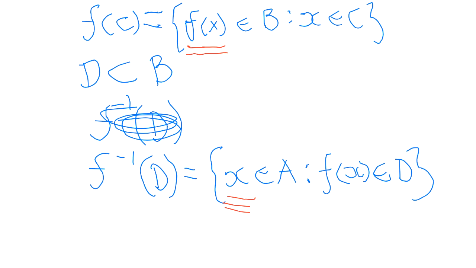But if you want to be technical, the direct image is the results obtained in the codomain, assuming that the original element came from the domain, and the inverse image is the original elements in the domain which provided the range.